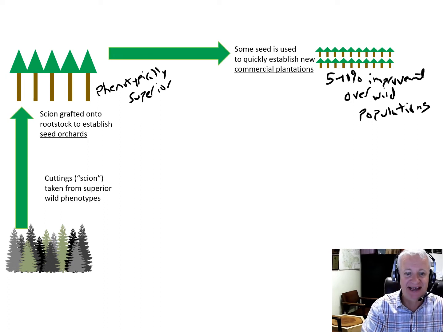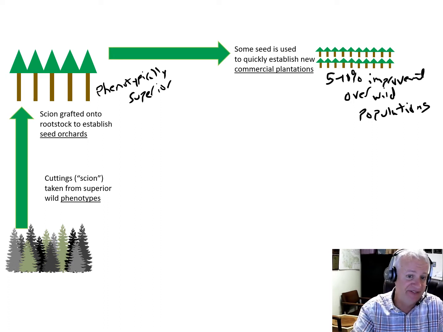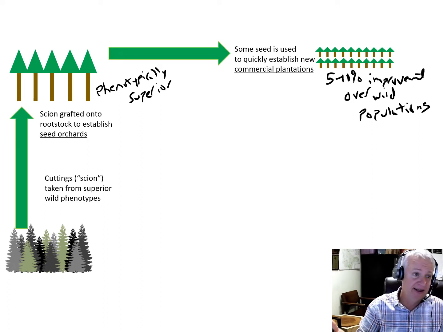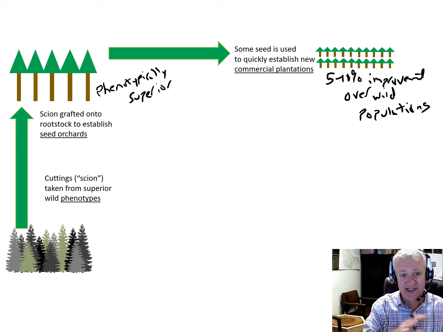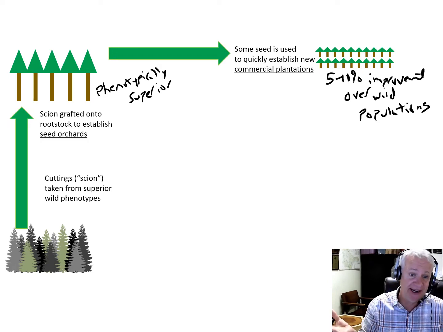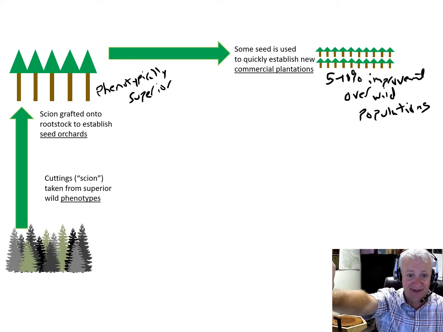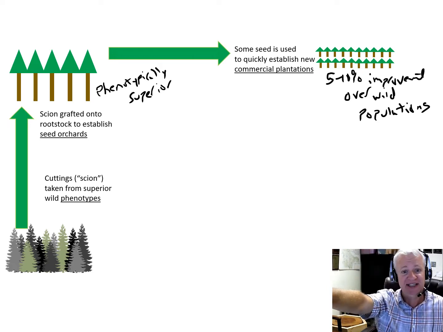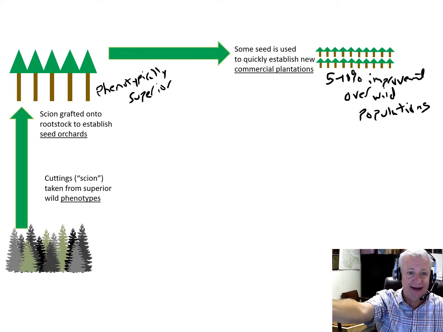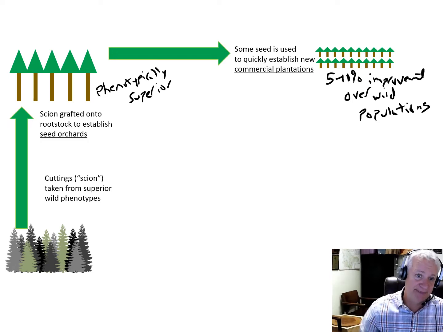So basically that's the improvement that you get just because some of that phenotypic superiority that you brought into the seed orchard, some of that is genetic, and that is carried through into these offspring, these progeny. So just that first step will give you a 5 to 10% improvement over wild populations.